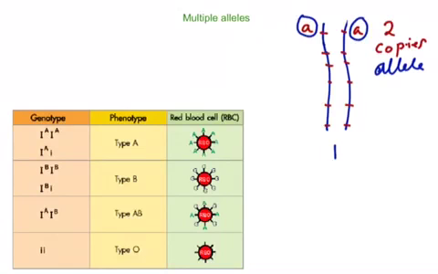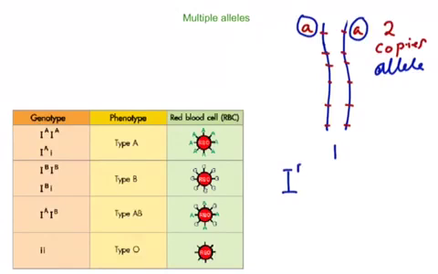However, in the total population of human beings, there may be more than 2 alleles present. One classic example of this is the alleles that determine blood typing in human beings. Here there are actually 3 different alleles in the human population.